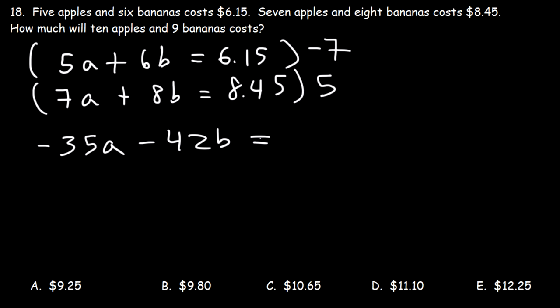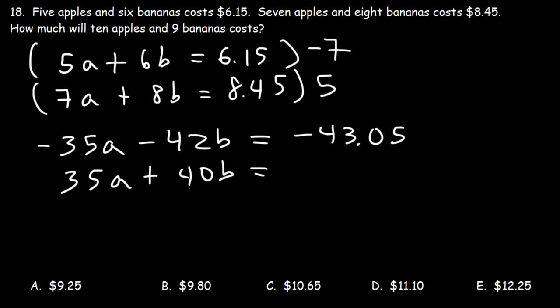And 6.15 times -7, that's -43.05. 7a times 5, that's positive 35a. And then 8b times 5 is 40b. And 8.45 times 5, that's 42.25.